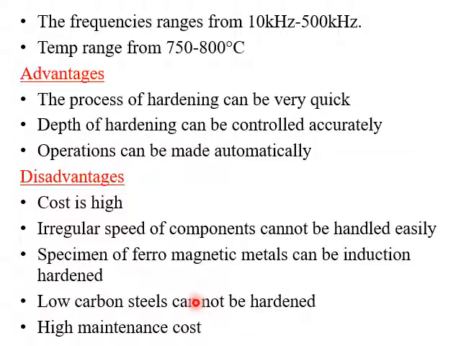Okay, so once we see the different types of surface hardening methods, depending upon the size and the shape of the specimen and the application where the specimen is employed, one can choose from the variety of surface hardening methods, depending upon the advantages and disadvantages of each method.